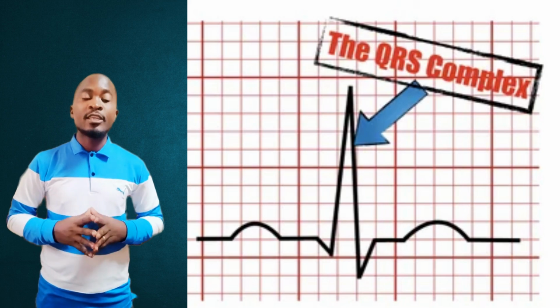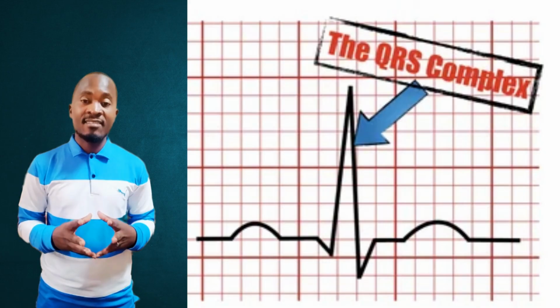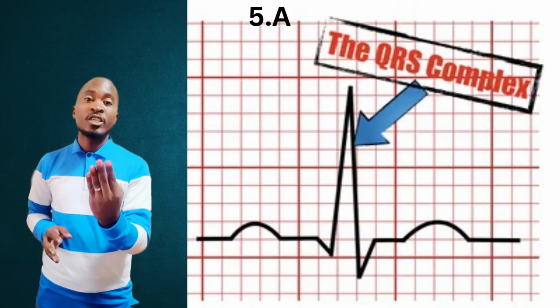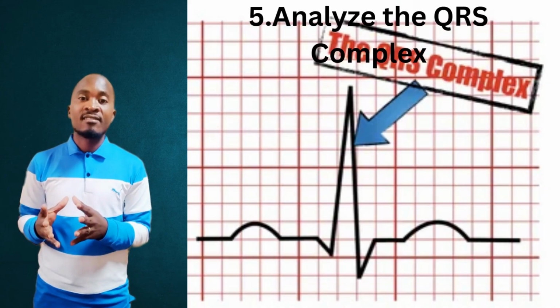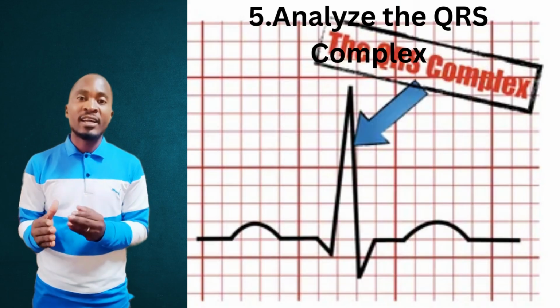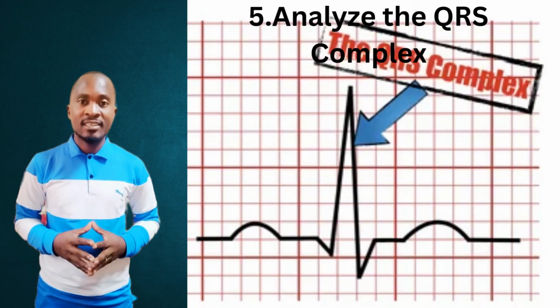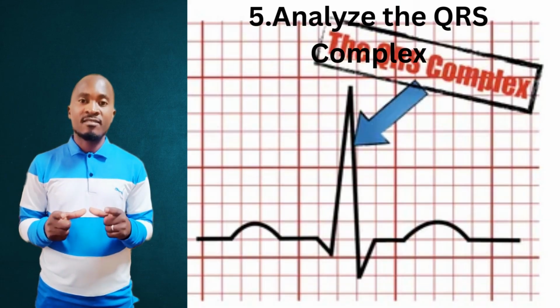The fifth thing that you need to do is analyze the QRS complex. The first question should be, does the QRS complex appear after the P wave? And if yes, is the QRS complex within 3 small boxes?